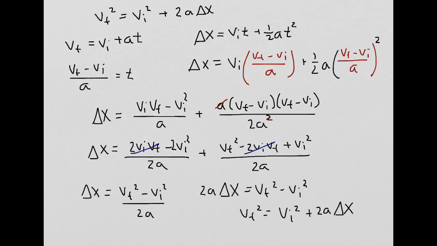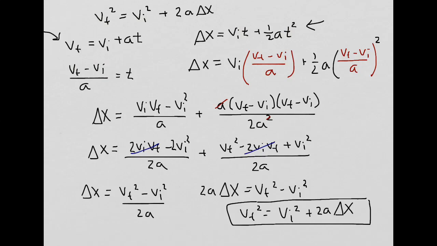Okay, and that's what I was looking to have, this guy right here. So we were able to derive that third formula using this equation and this equation. If you notice, there's no t in this third equation, so it's useful if you don't know your final time, but you know initial velocity and acceleration.